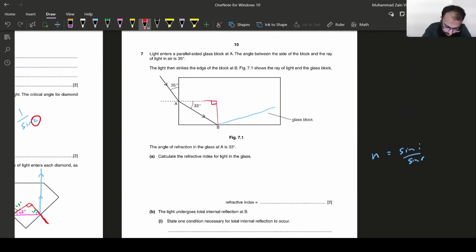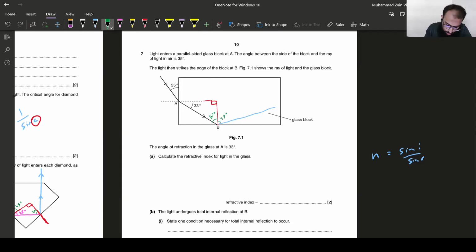So obviously the angle of incidence is supposed to be equal to what? 57. 57 degrees is what it's supposed to be equal to. So this is 57 degrees, and this is also supposed to be 57 degrees.